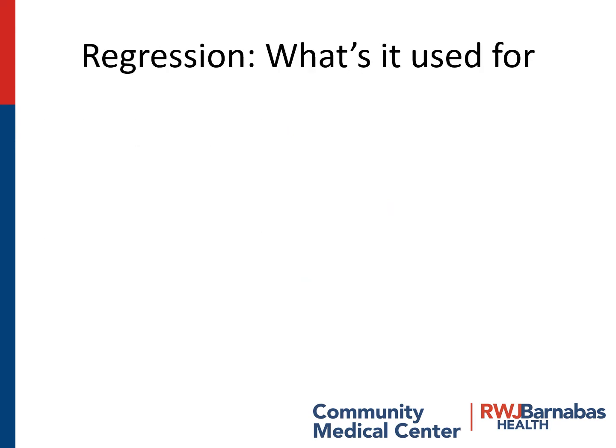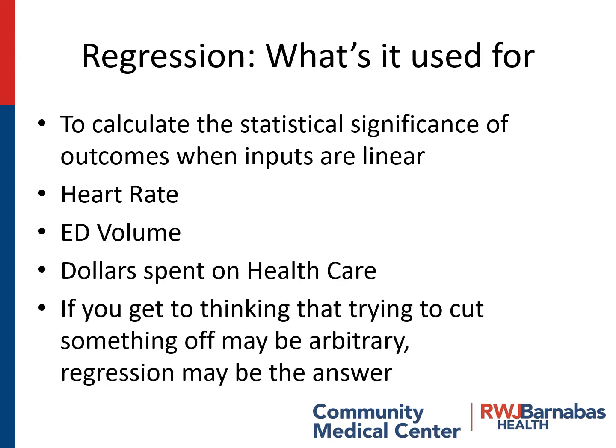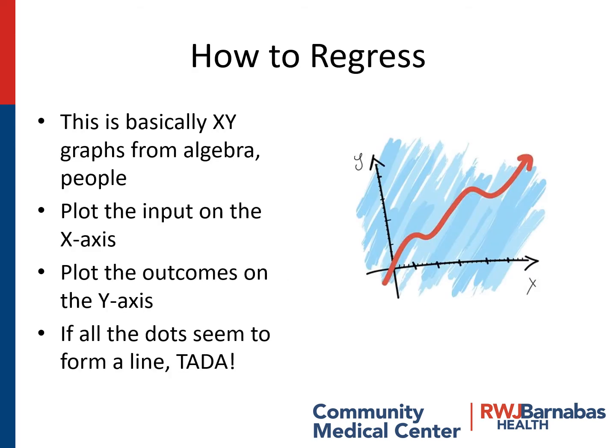So regression is when an input is linear, the input being the purported exposure phenomenon, and like if you're looking at heart rate or ED volume, dollars spent, if you think that it's going to be hard to generate a cutoff somewhere logically based on clinical phenomenon, regression is probably the answer.